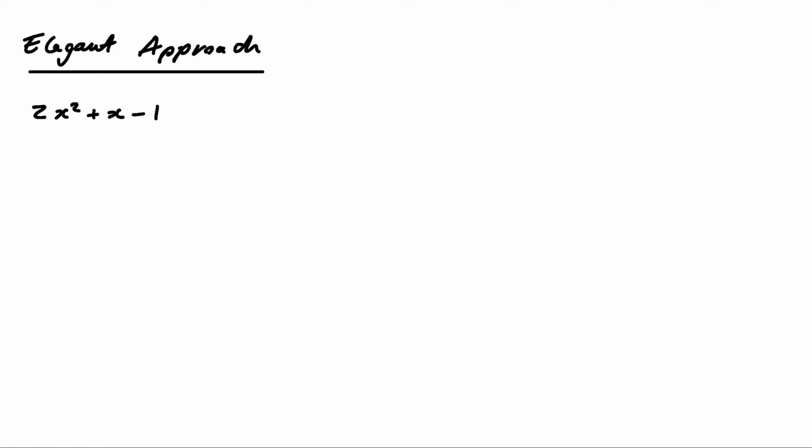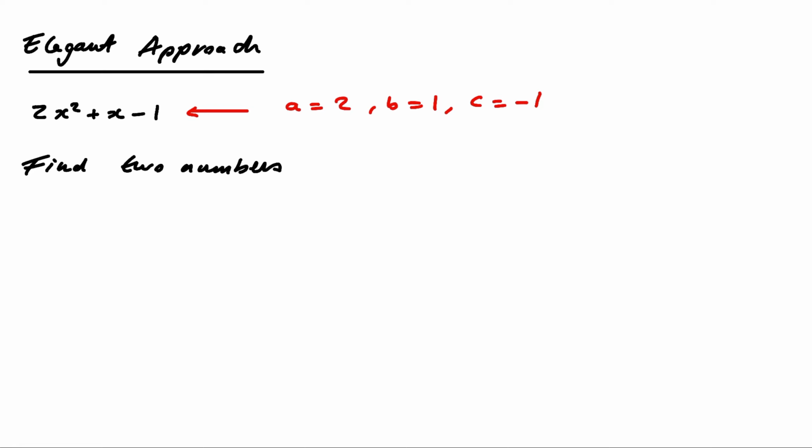So here's my polynomial, right? And this is, like I've written before, a is equal to 2, b is equal to 1, and c is equal to minus 1. So this approach involves basically finding two numbers with two very specific properties simultaneously. So we need to find two numbers, let's say m and n, with the following properties.